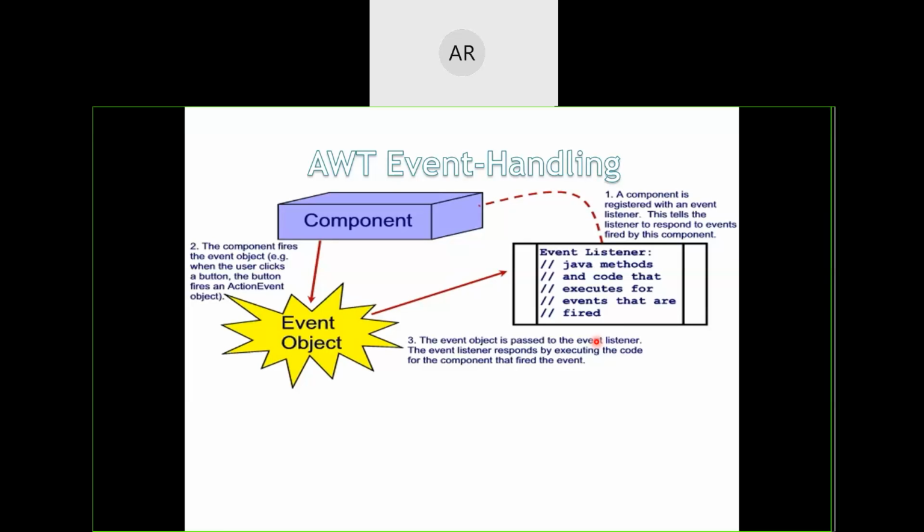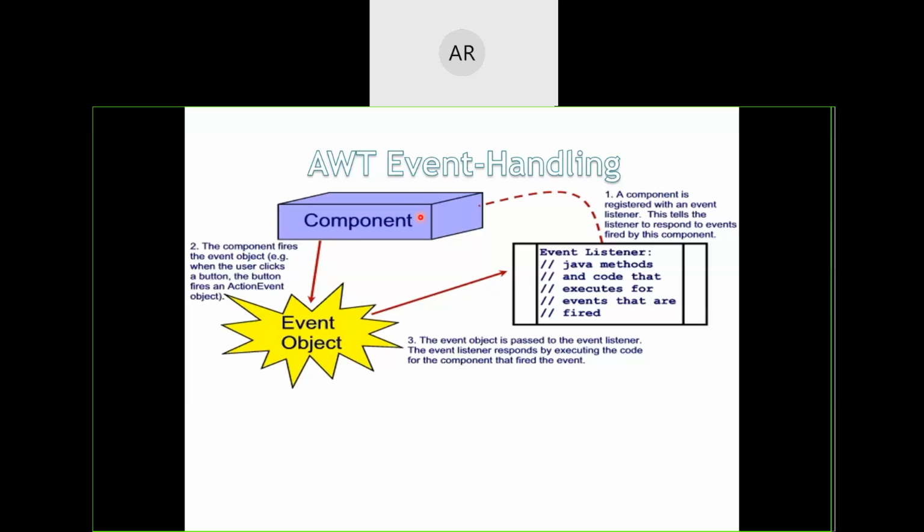Basically, event handling is a part of AWT. Whatever component is there, button or text box or something like that, clicking or doing something will change the state of the button and trigger some action. If I click the button, I'm pressing the button, and that triggers some action.